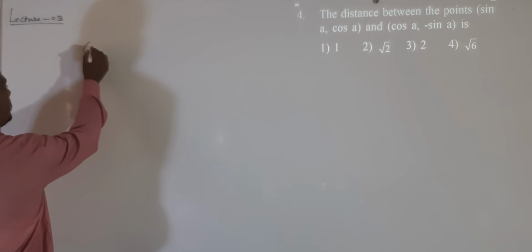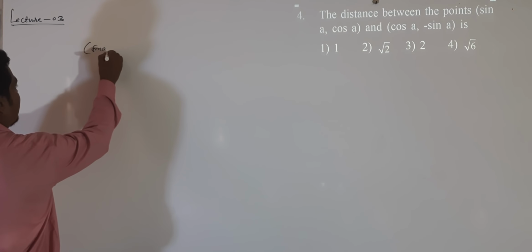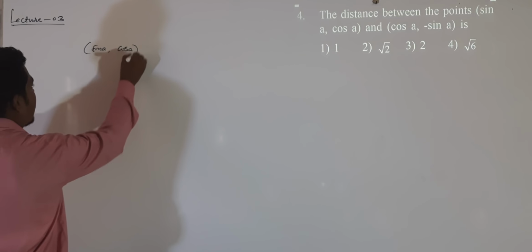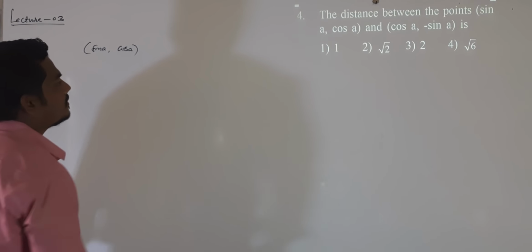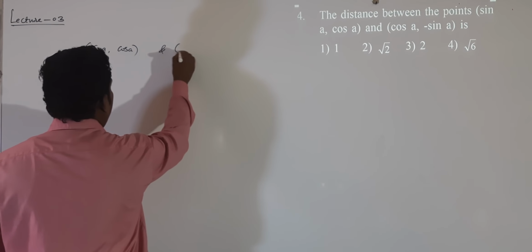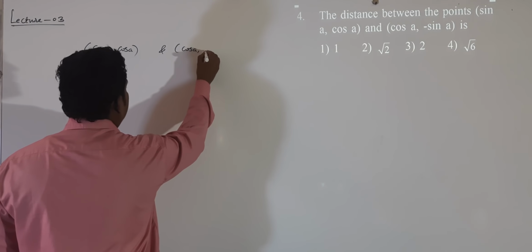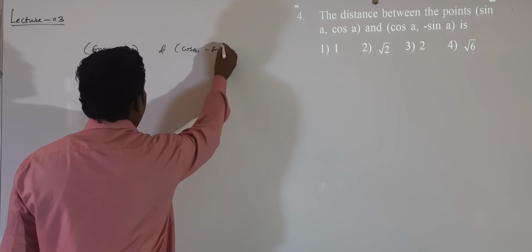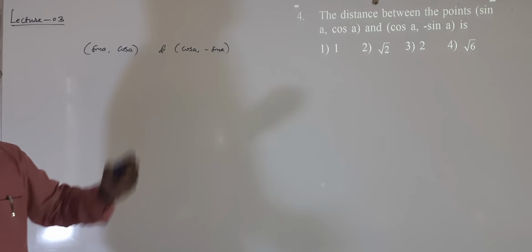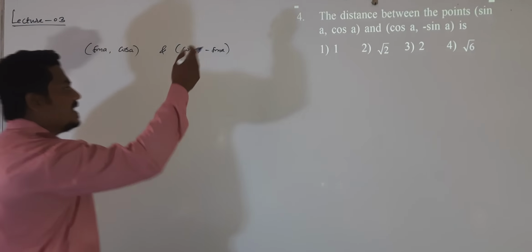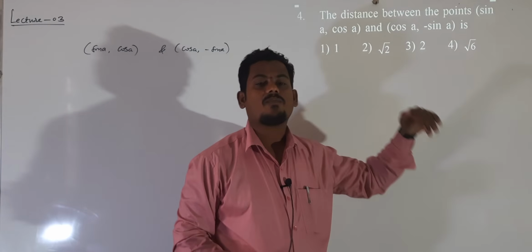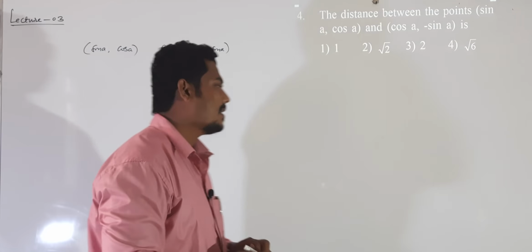First point is sin A comma cos A, and one more point cos A comma minus sin A, right? Distance between these 2 points, assume that the first point is A and the second point is B, or else P and Q, right?